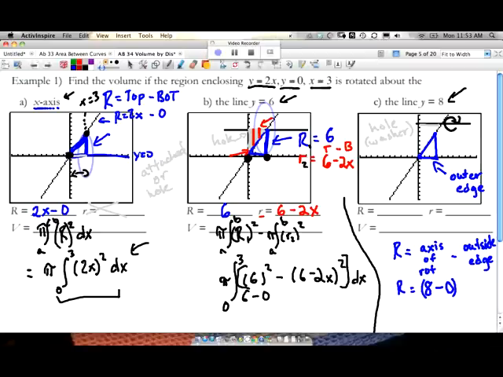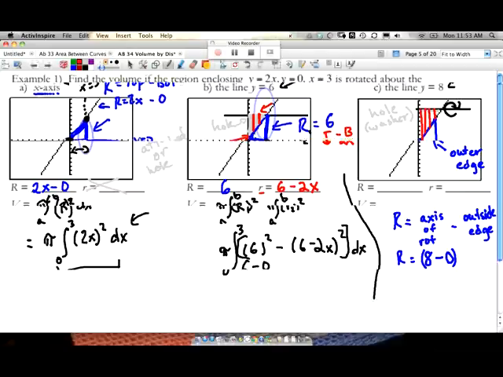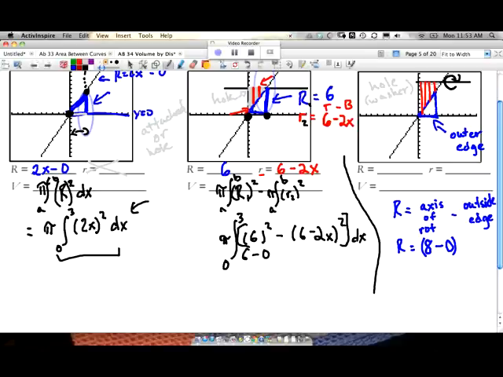And what's my little r then? What are these lines here? Well, that's going to be the difference between, so again, let's call this R1, our little r2 is going to be the axis of rotation minus the inside edge.